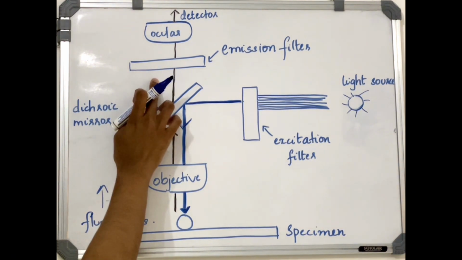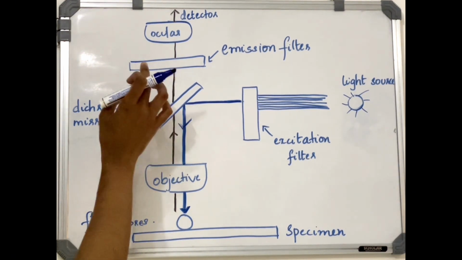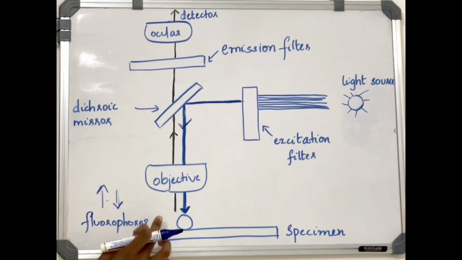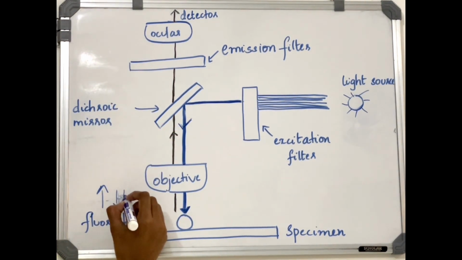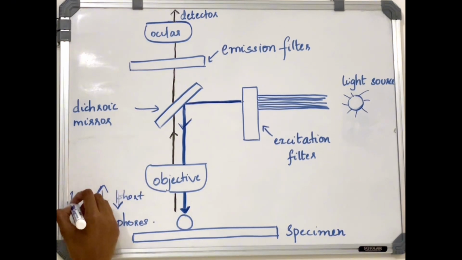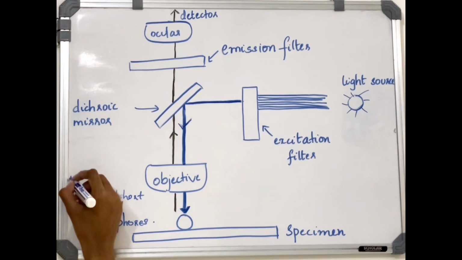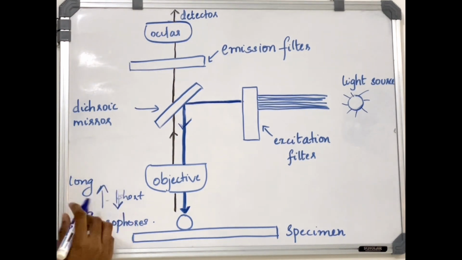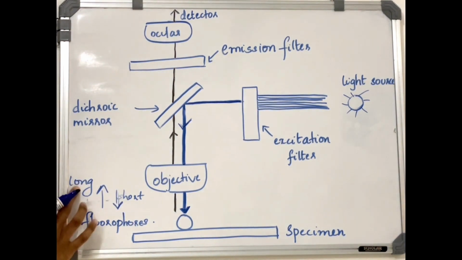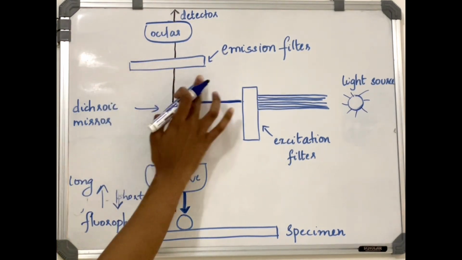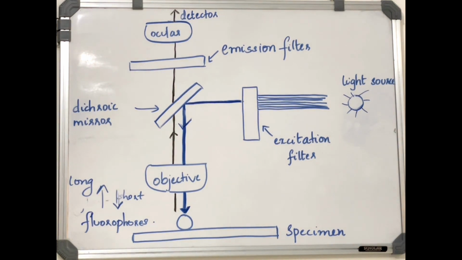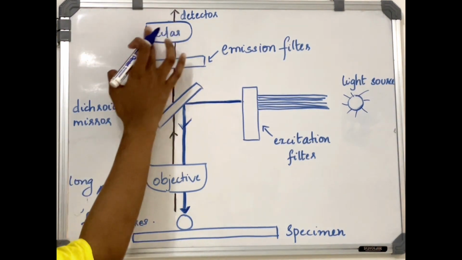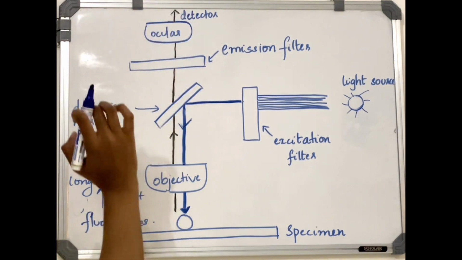The emission filter only allows the light that is emitted by the fluorophore to pass through it. The fluorophore absorbed short wavelength light rays and emitted long wavelength light rays, so these long wavelength emissions pass through the emission filter and all the other residual excitation light is blocked. Then it passes through the ocular lens into the detector.